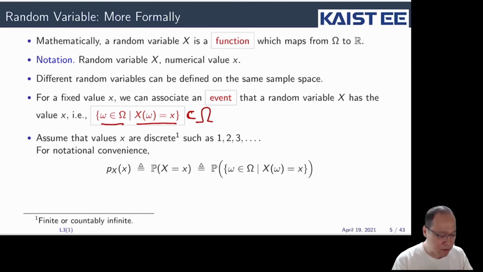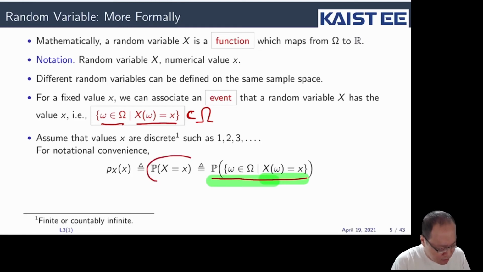Let's assume that the values x are discrete. Discrete means finite or countably infinite, such as 1, 2, 3, 4, 5, 6. The probability that the random variable X has the value x, small x, is represented by this mathematical equation. Obviously, this is too long, so sometimes we shorten this notation to the probability that X is equal to x. That actually means this.